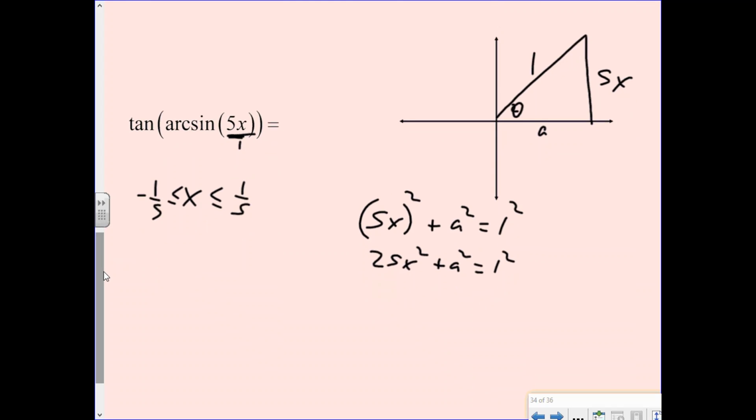Subtracting all of that, we get a squared equals 1 minus 25x squared. So a is equal to the square root of 1 minus 25x squared.